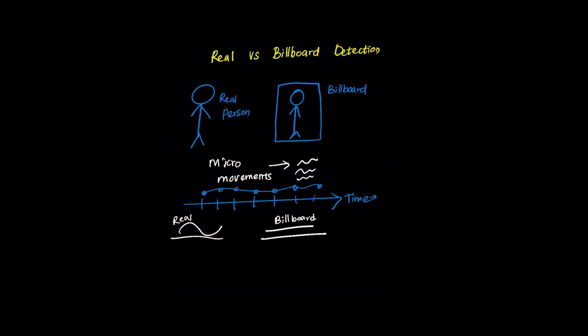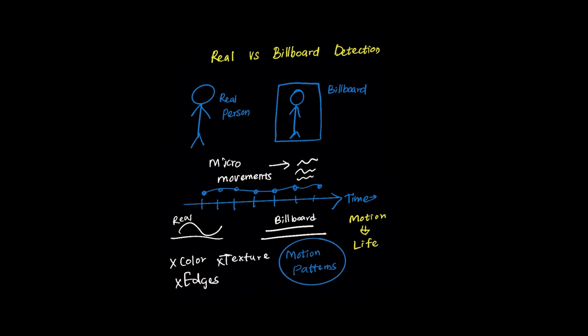A billboard, no matter how realistic, remains perfectly still even in wind since the image itself doesn't move. Color detection fails because both can have identical colors, edge detection finds boundaries in both, and texture recognition is fooled by high-resolution printing. Only motion patterns provide the definitive signal, separating static representations from actual humans requiring collision avoidance.